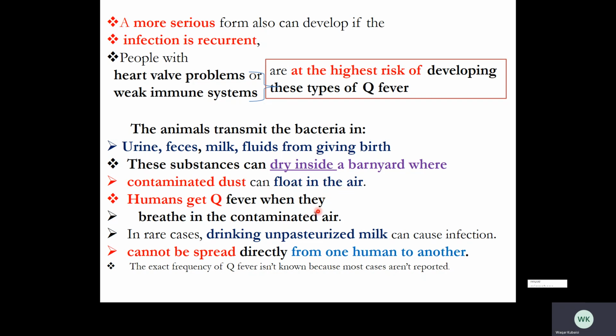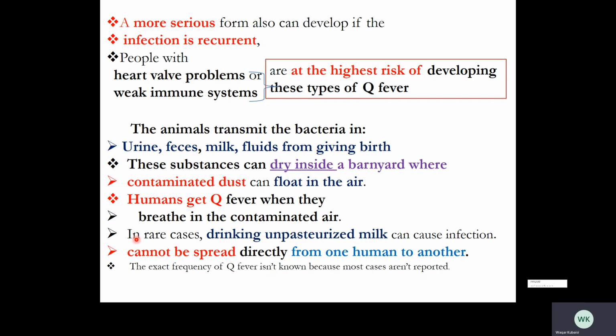Humans get the fever when they breathe or inspire the contaminated dust. In a rare case, as I just mentioned, it also occurs through unpasteurized milk. So we have inhalation, we have contact, we have gastrointestinal, and also by tick, very rare. For mode of transmission, contaminated dust, drinking unpasteurized milk, or from infected animals.